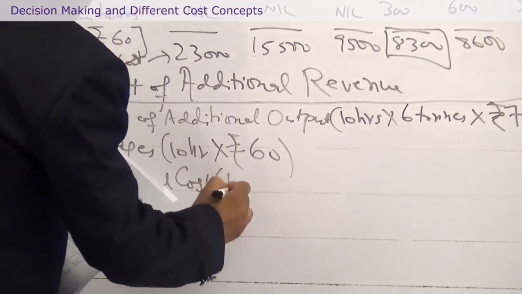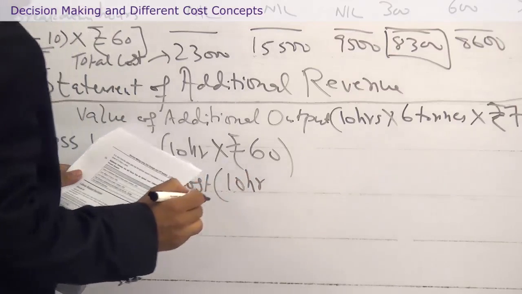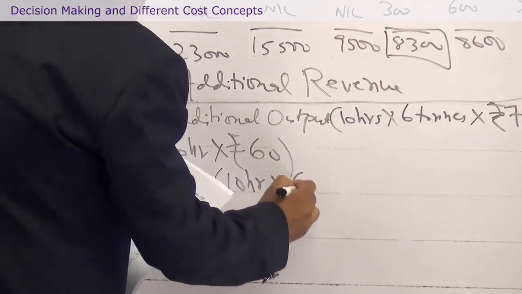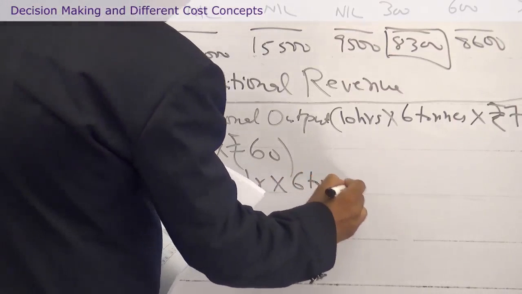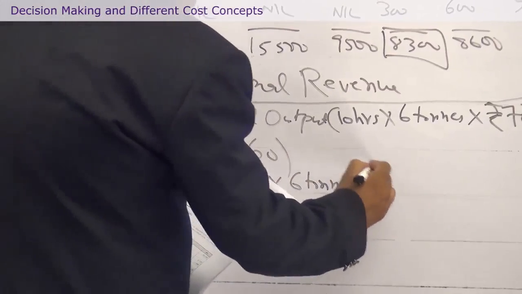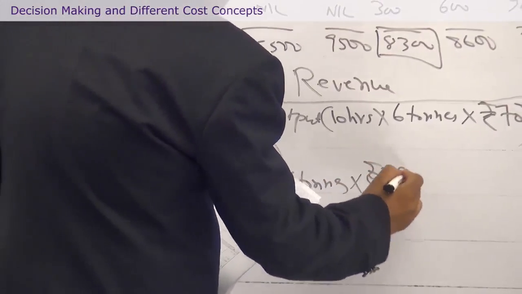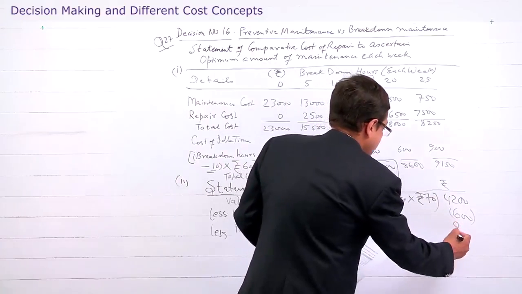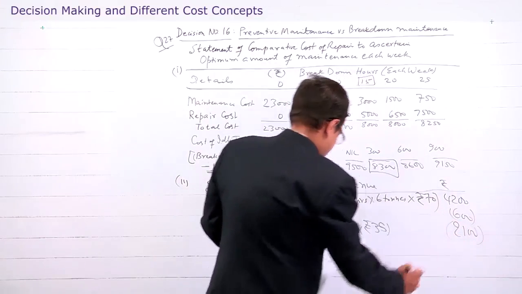You have to reduce material cost. This is 10 hours saved into 6 tons at the rate of rupees 35, which works out to rupees 2100.